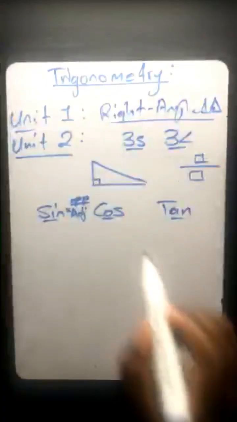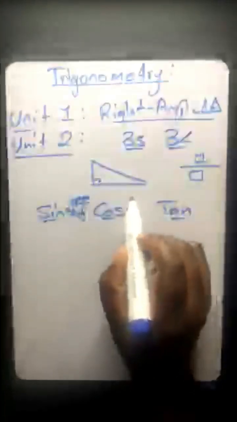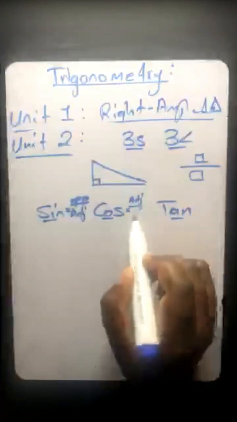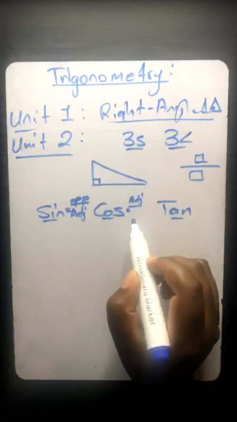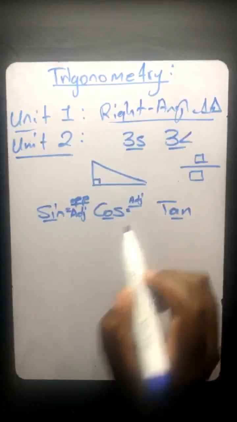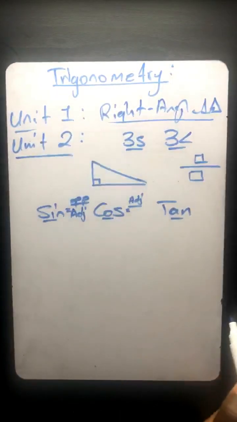I know very well that you are aware of what I'm explaining right now, and you crammed it as SOHCAHTOA, where cos is adjacent over... wait, I just noticed I made a mistake somewhere. Sine is opposite over hypotenuse, SOH.